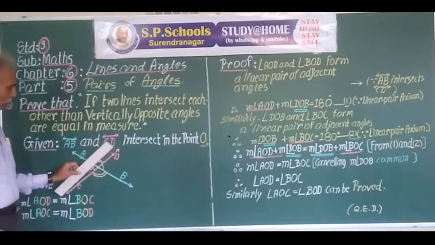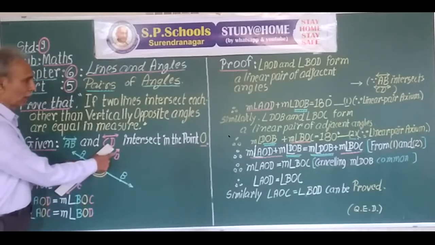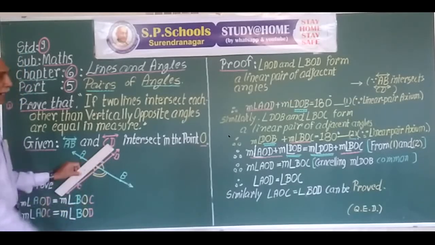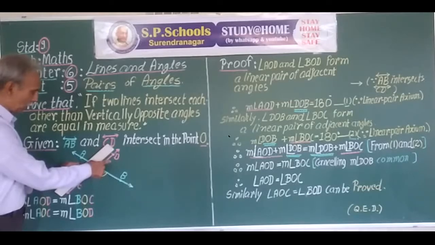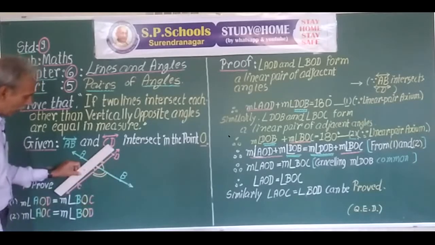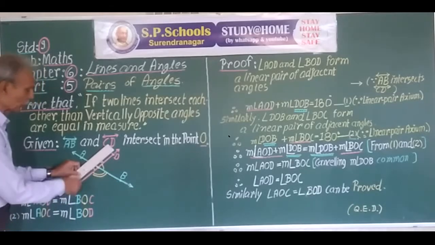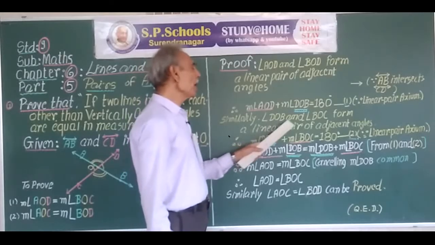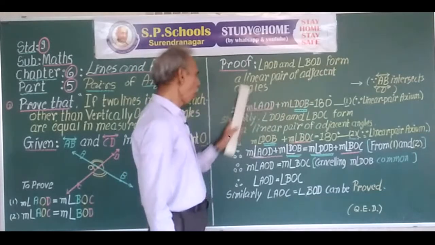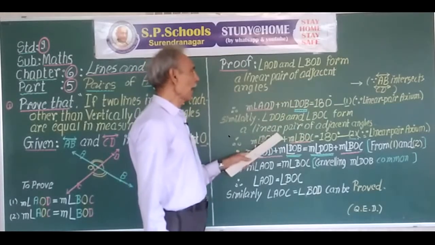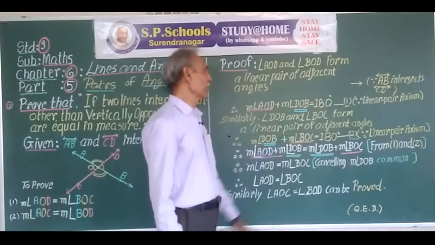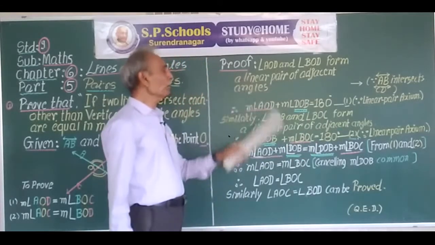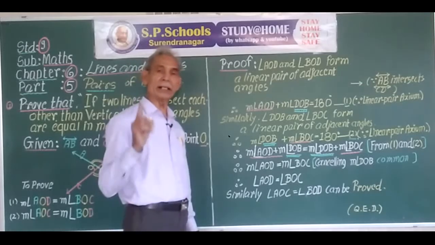take these two angles, that is angle DOB and angle BOC. Angle DOB and angle BOC also form a linear pair of adjacent angles.